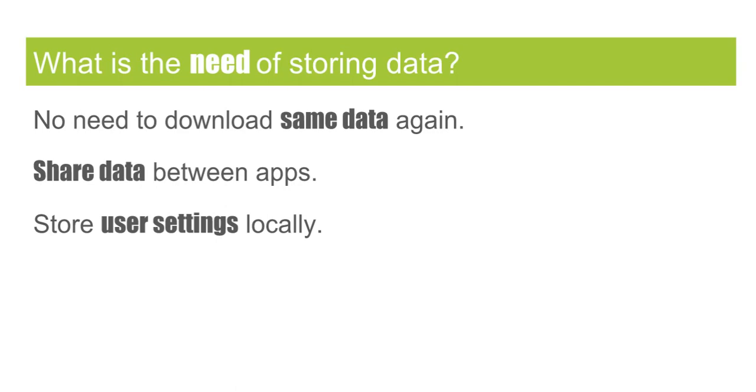So all these user preferences are saved locally and they are not saved on the server, so that whenever the app opens, it is available to the app at that instant, and the app can use those preferences to further do its work.